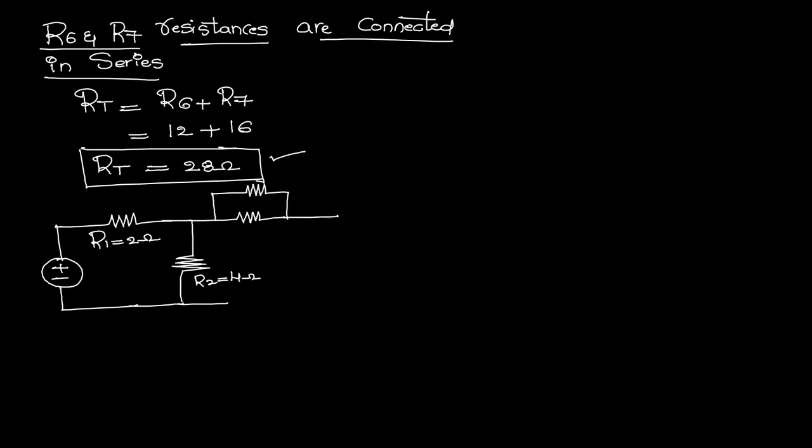parallel, and this one is the R5. So this one is R3, this one is R4, and this one is the R5. Now instead of R6 and R7, I am going to use this particular resultant value, that is 28 ohms, instead of the series connection.